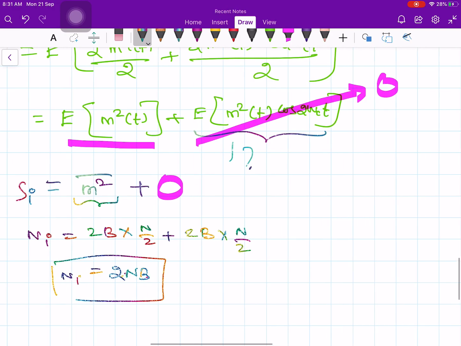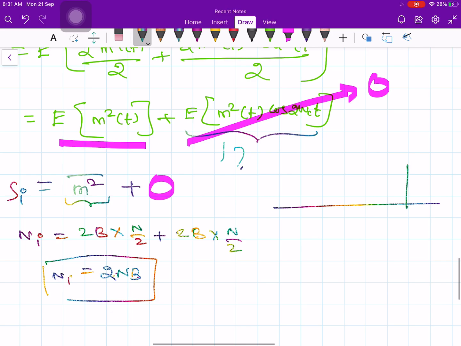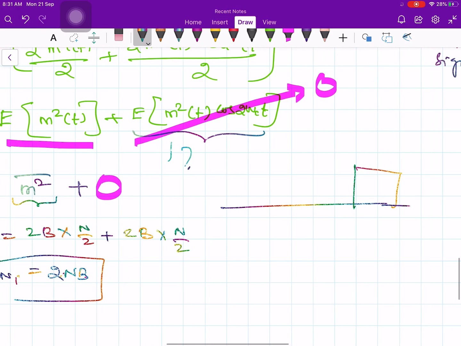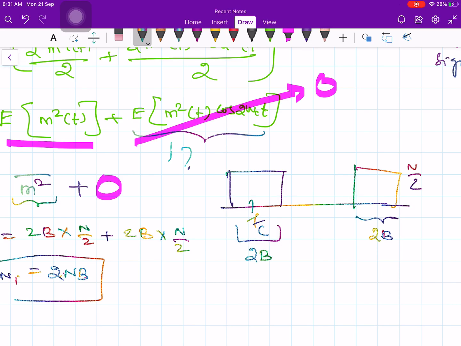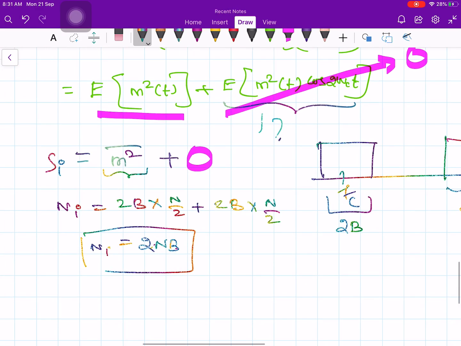See, this is your ideal band pass filter, right? That's what I said. The bandwidth is 2B and the height is n by 2. On the negative side it is at minus Fc, and here the bandwidth is 2B and this point is plus Fc. So that's how this 2nB has come.